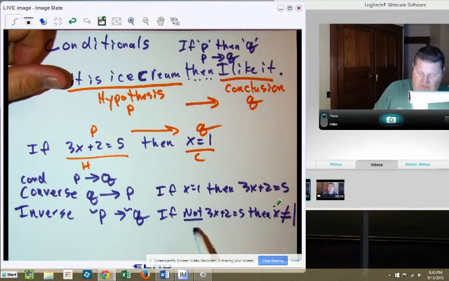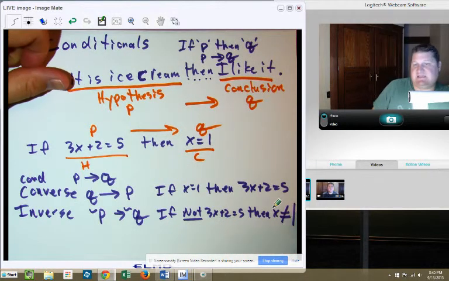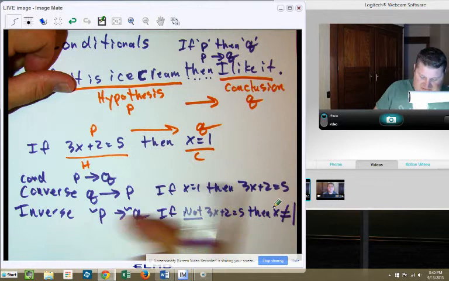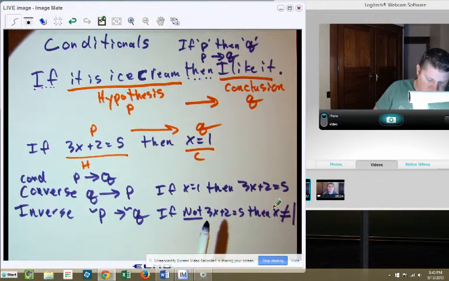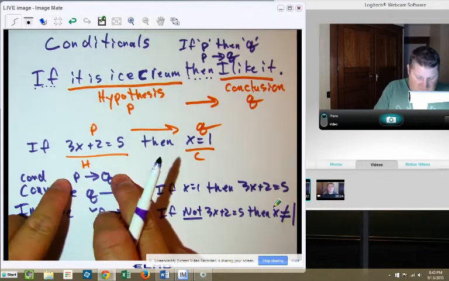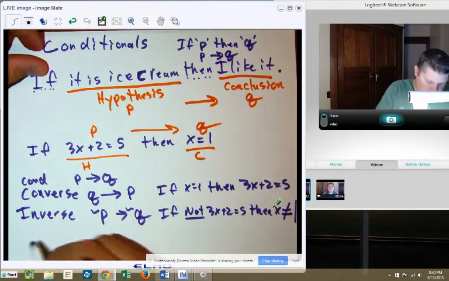Now, here's the other problem with this. Just because it's not 3x plus 2 equals 5 doesn't mean x can't equal 1. So again, the inverse is not necessarily the same truth value as the original. Whereas the converse switches the terms, the inverse simply turns both negative in the same order.